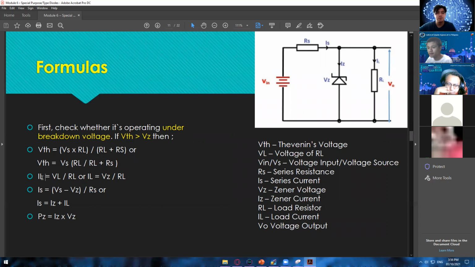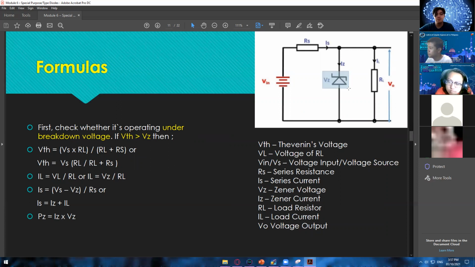Okay, and then we also have IL, or the current across your load resistance. This one is very straightforward, it's Ohm's law. This one is solvable by the load voltage divided by the load resistance, or RL. Or you can use this one also: IL is equal to VZ divided by RL.